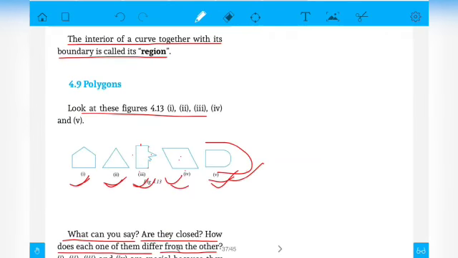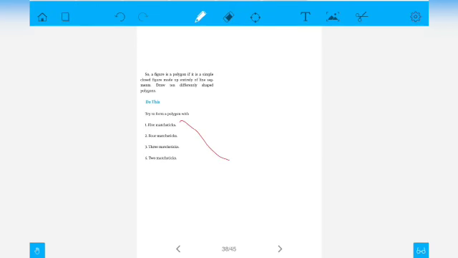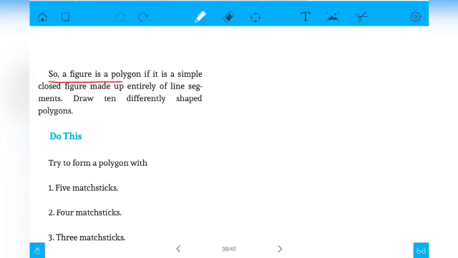Polygons are figures made by a number of sides, for example triangle, square, rectangle, these types of figures. So a figure is a polygon if it is a simple closed figure made up entirely of line segments, not a curve.